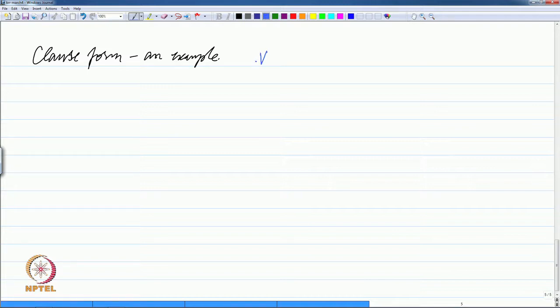that for all z... and let us say we want to show that this formula is unsatisfiable.